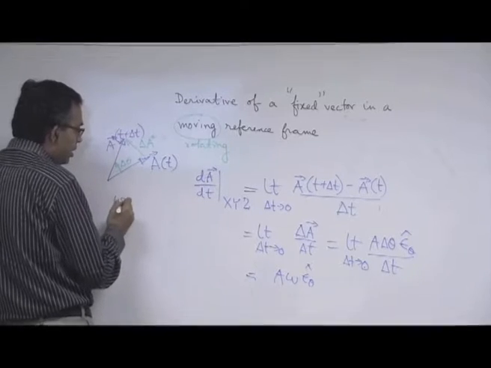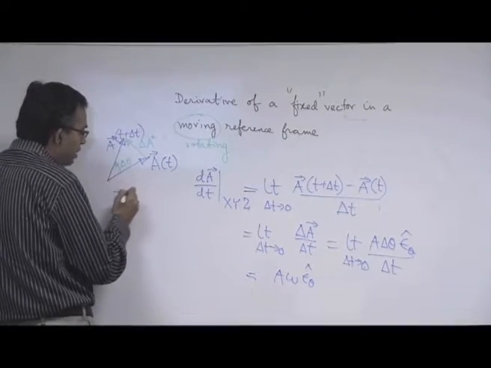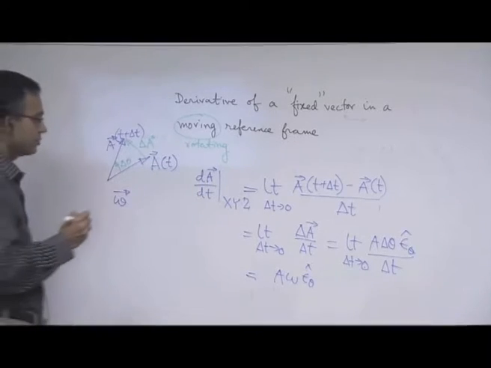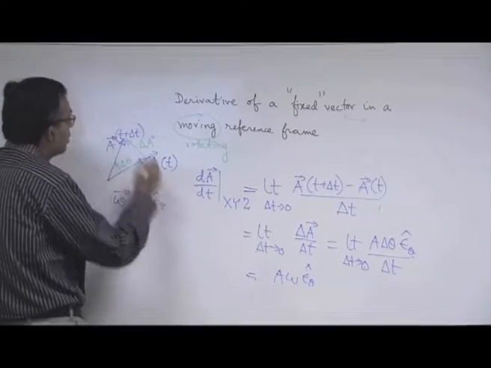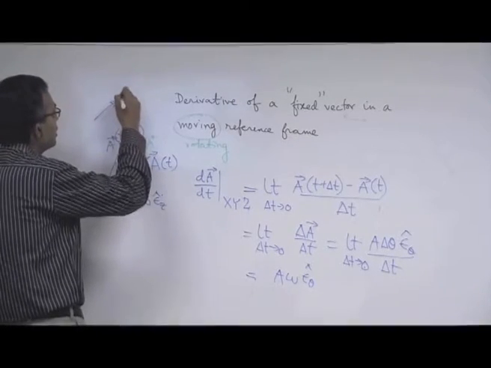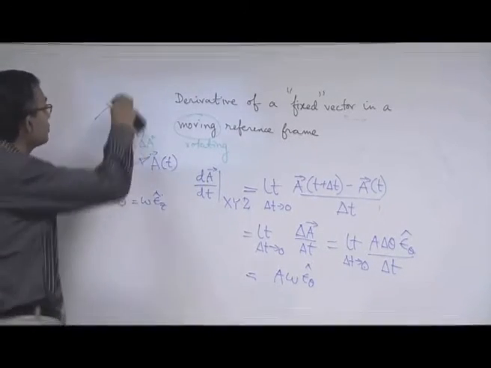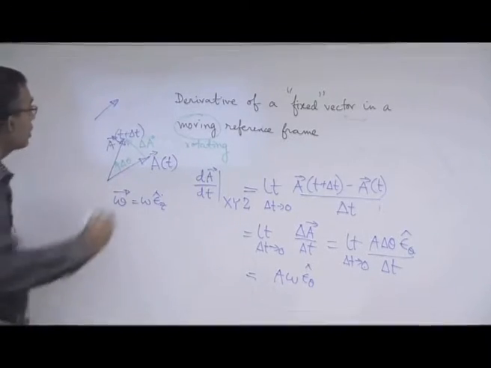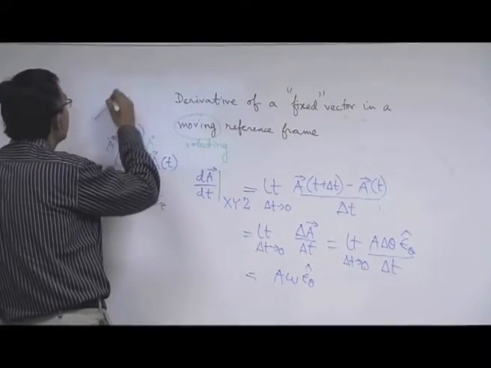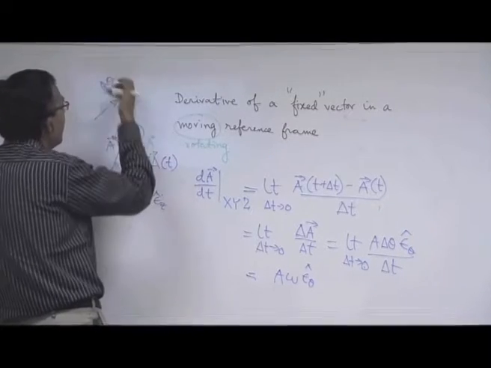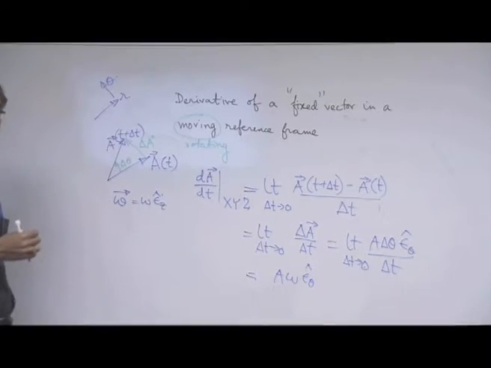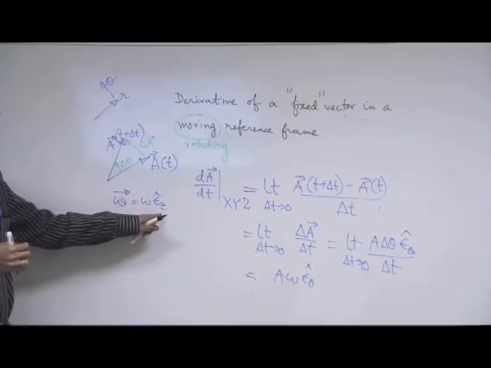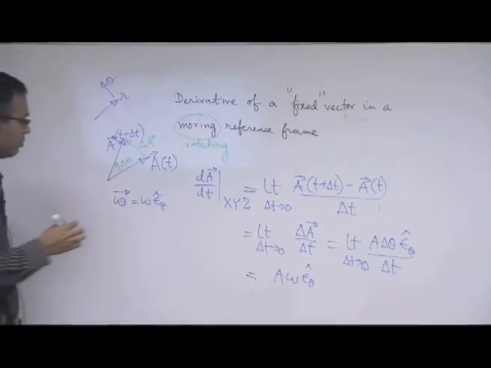Now you can write the angular velocity omega as omega into epsilon z. So this is the r direction, this is theta direction, and perpendicular to the plane of the board is z direction, okay. So omega epsilon z, epsilon z is unit vector along z. What is A?